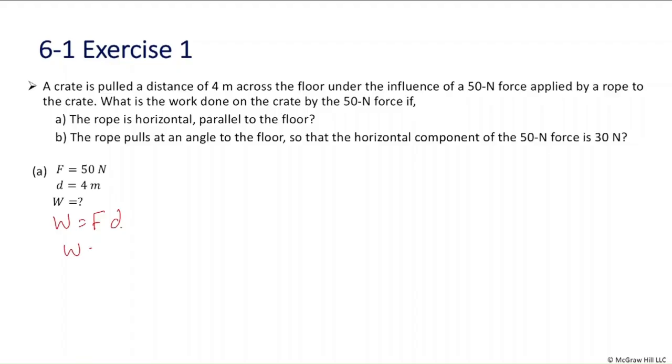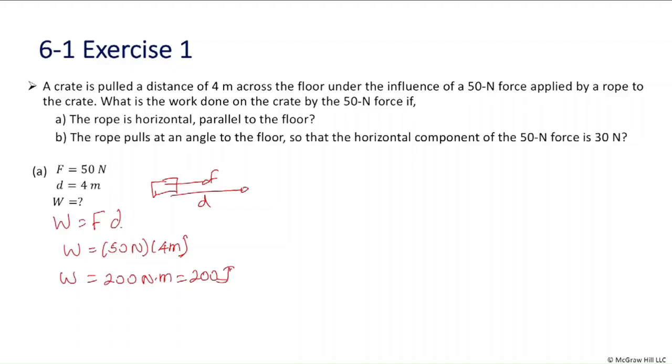Therefore W equals 50 Newton times 4 meter, which gives you 200 Newton meter or 200 joules, right? So in part A, force is applied in the direction of motion, so you have done 200 joules of work.